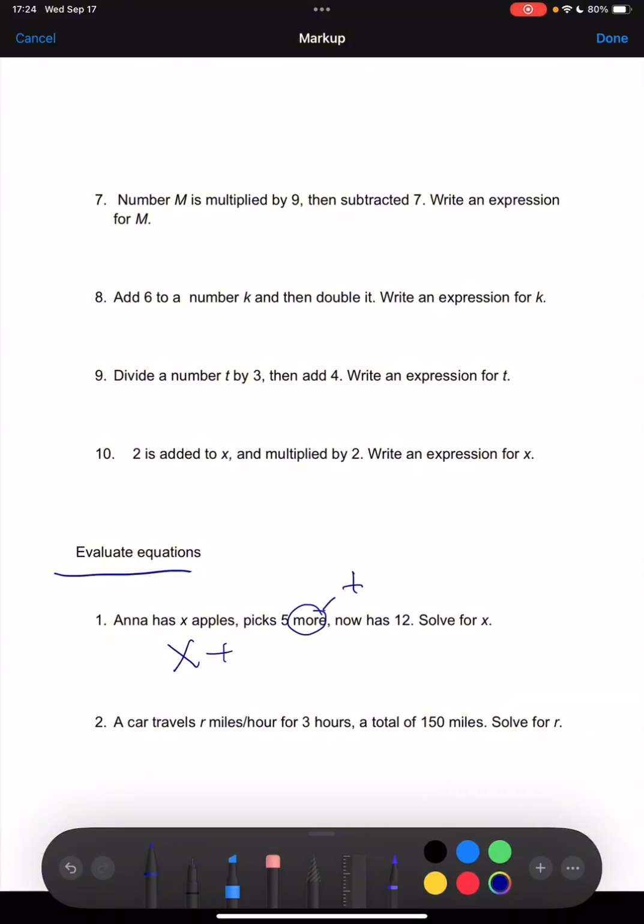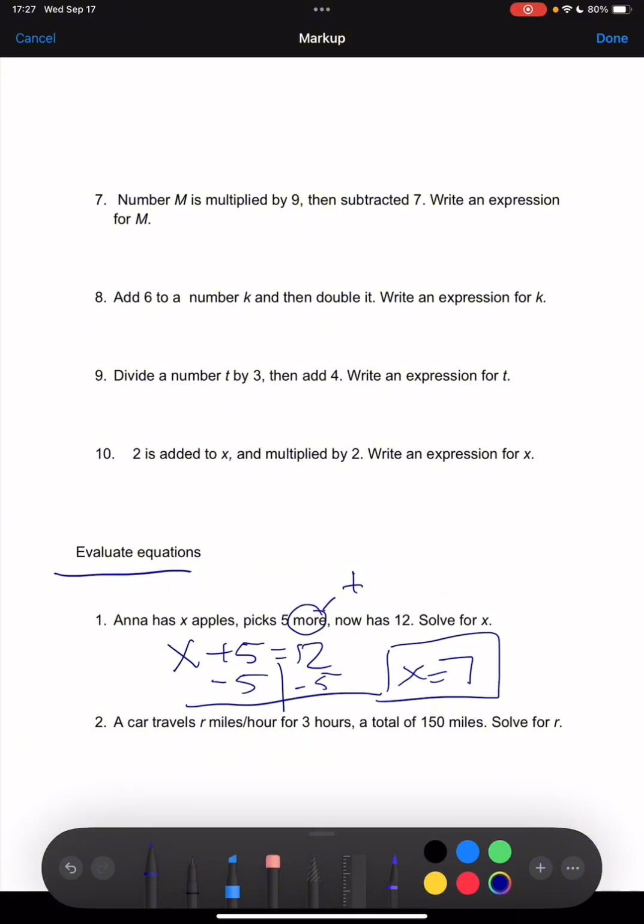So we're going to add the 5, and now she has 12. X plus 5 is equal to 12. And in order to solve for x, we can simply do 12 minus 5, which is equal to 7. X is equal to 7.